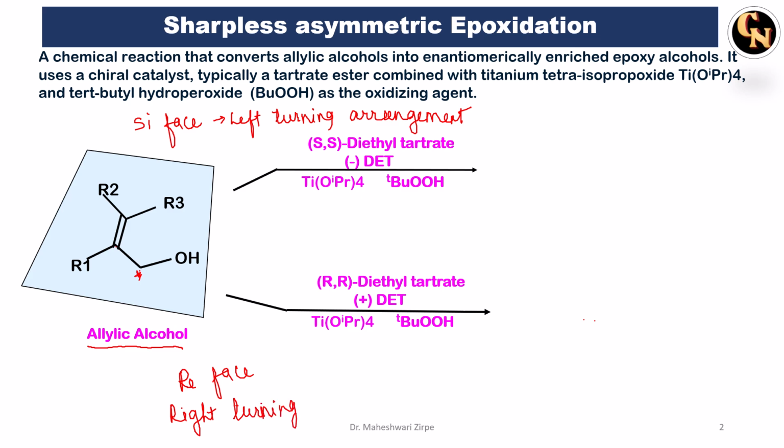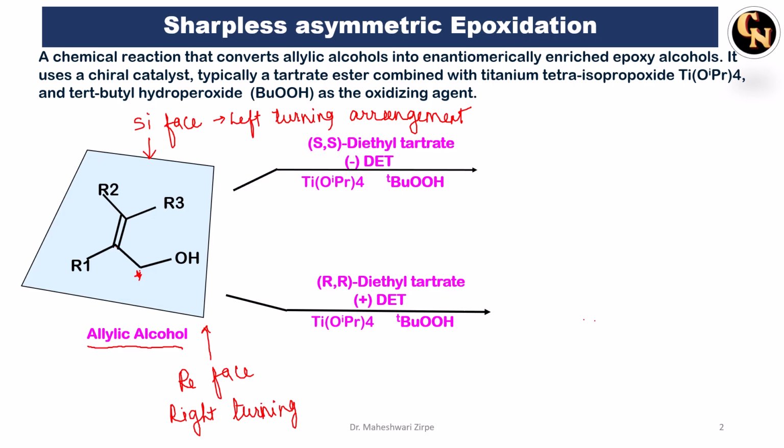In the next part, after finishing this, I'll tell you the trick for how to remember it. So with the re face and the si face, you can have such an arrangement, and there is an addition of these catalysts and they are going to give you some stereochemistry.